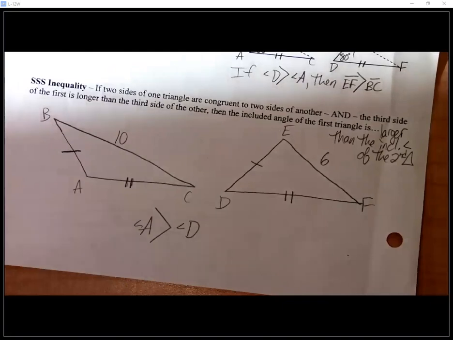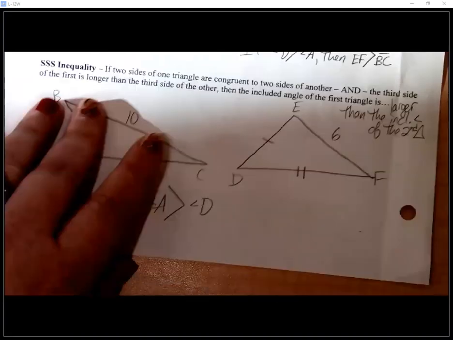Actually, hold on one second, because I want to double check that this is the one that I want on this page. Oh yeah, okay, perfect. All right, so here is our assignment.